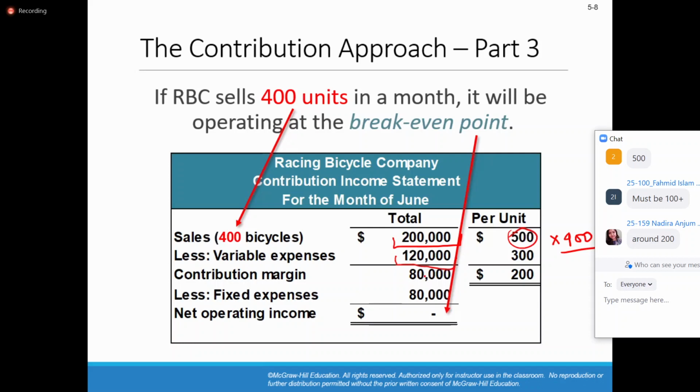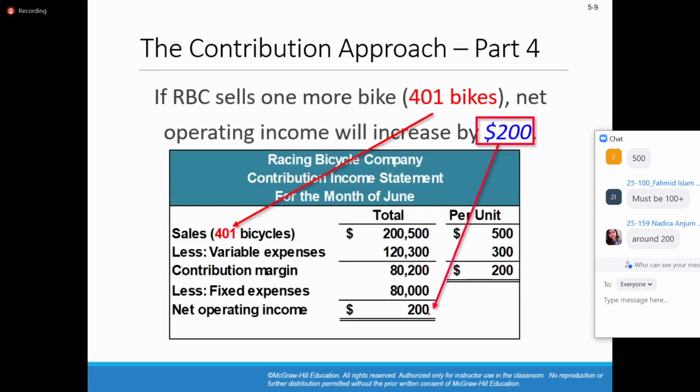And we have the remaining contribution margin of 80,000. We see the contribution margin now equals the fixed expenses. So what is remaining? The remaining is nothing. The remaining is 0, because our contribution margin has been eaten up by the fixed expenses we have incurred.